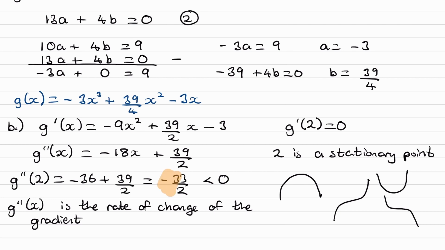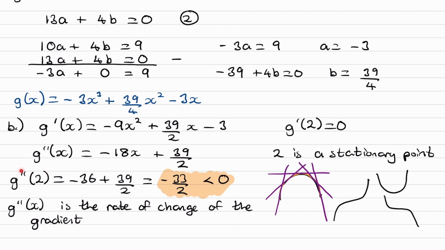Our double differential is negative, so what that means is our gradient is decreasing, and therefore it must be a local maximum. If we look at what we have here, if I were to draw successive tangents, here the tangent is positive, here it is less positive, 0, negative, more negative. So as we go towards the right, the gradient is decreasing, which is what we have here.